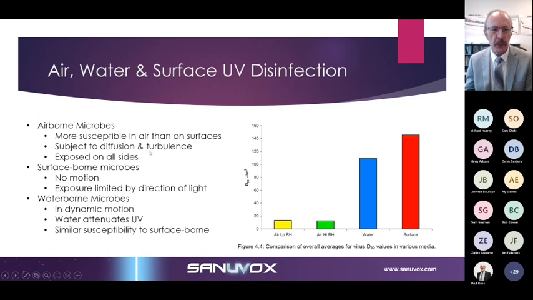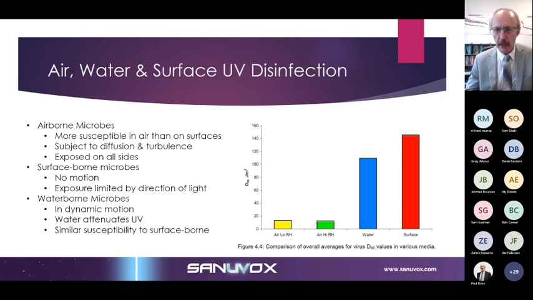Airborne microbes are subject to diffusion and turbulence. This means that they are spinning and they are in motion. As a result, they are exposed to ultraviolet rays from all sides. Surface-borne microbes presumably are not in motion, and so the exposure is limited by the direction the UV light comes from.